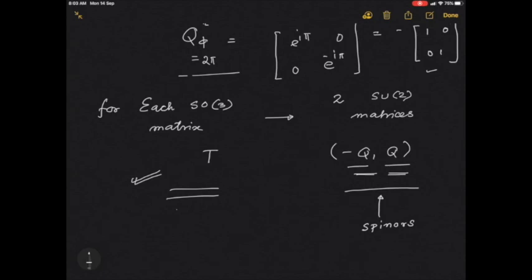You see, remember that these q's or the t's are the things which are generating the rotation. And the generator of a rotation is the angular momentum essentially, which you will learn in quantum mechanics in more detail. It turns out that such a rotation type transformation can also be generated by the spin of the system, or by change of the spin of the system.